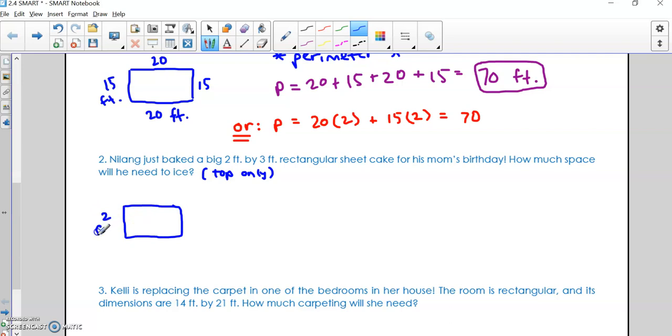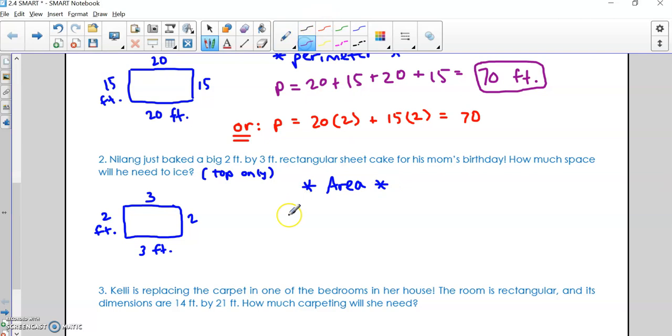We got 2 feet by 3 feet. Alright, and again, since it's a rectangle, we can fill in the other sides. So now, because we're icing the top portion of that cake, we're going to be filling in a space. And so that indicates to us that we are looking for area.